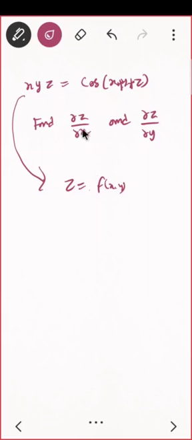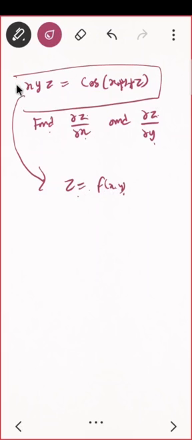Do you understand the question? Find dou z by dou x and find dou z by dou y. So for this, I need to have z equal to f of x y, but this is my function. How can I take z aside? If I take z, then it will be cos of x plus y plus z upon x y. That is not valid because here I still have the z term.